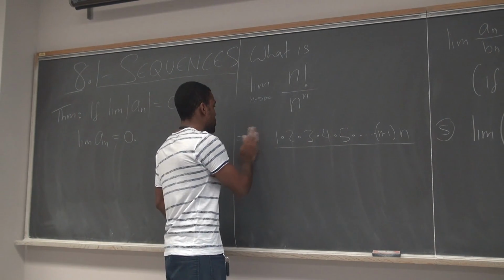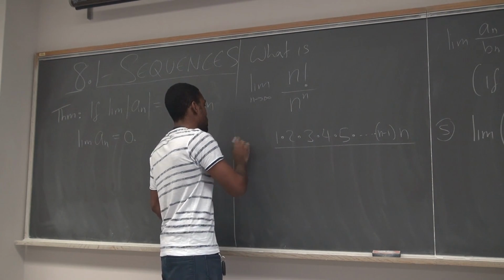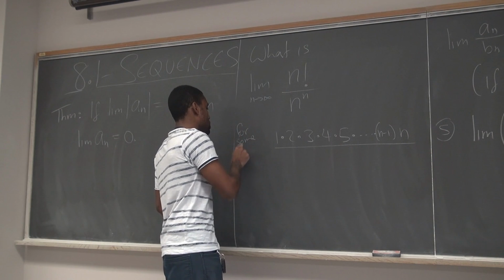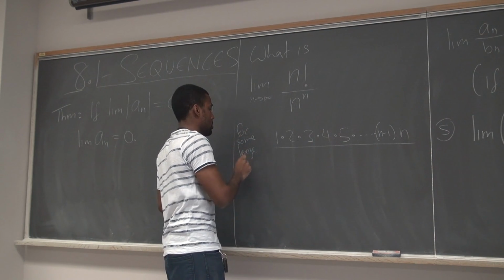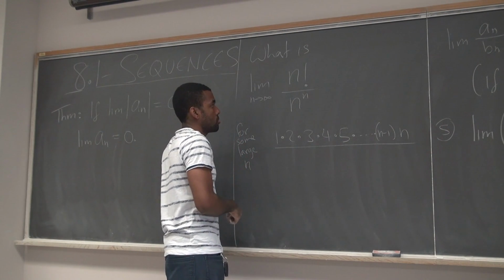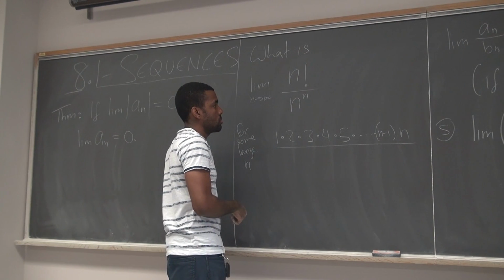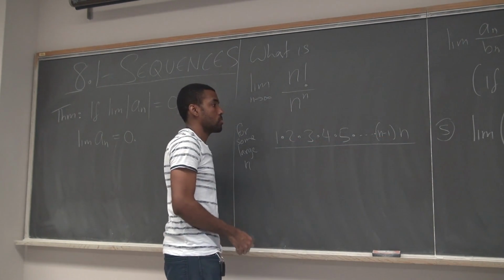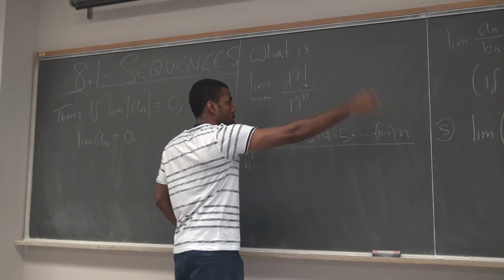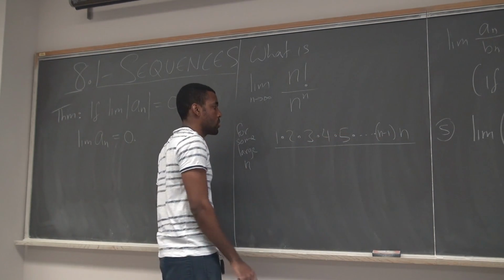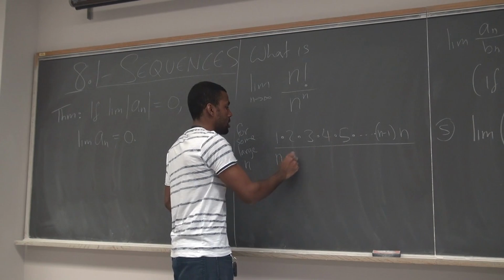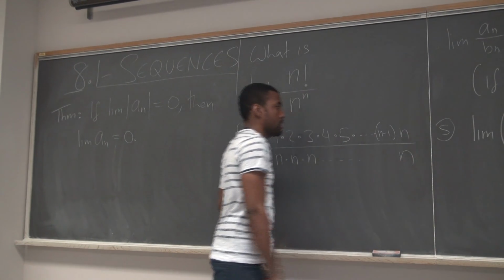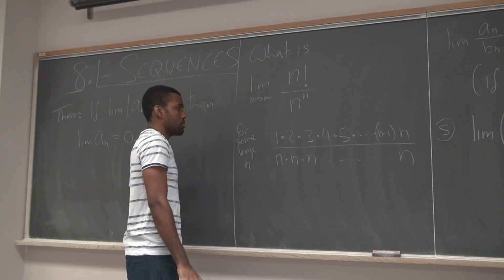I'm talking about some large n. I don't know what n is. n could be 100, could be a million, could be whatever. I just have n times n times n, n times. So I have n terms on top, n terms on the bottom.